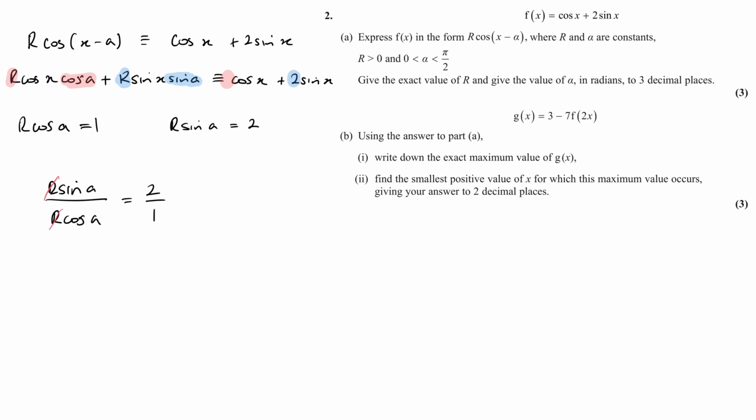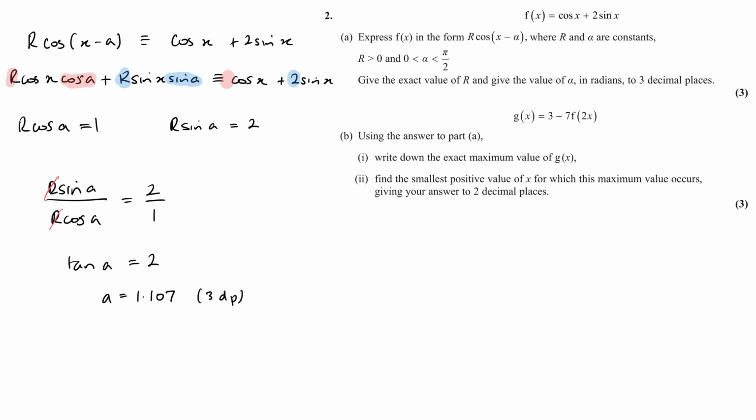Sine over cos is tan, so we get tan a equals 2. Now looking here, this should be in radians, so set our calculators to radian mode, and we get that a equals 1.107 to 3 decimal places.